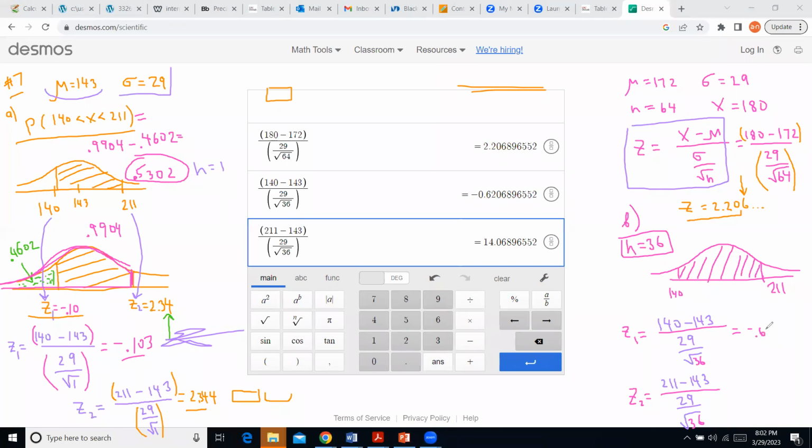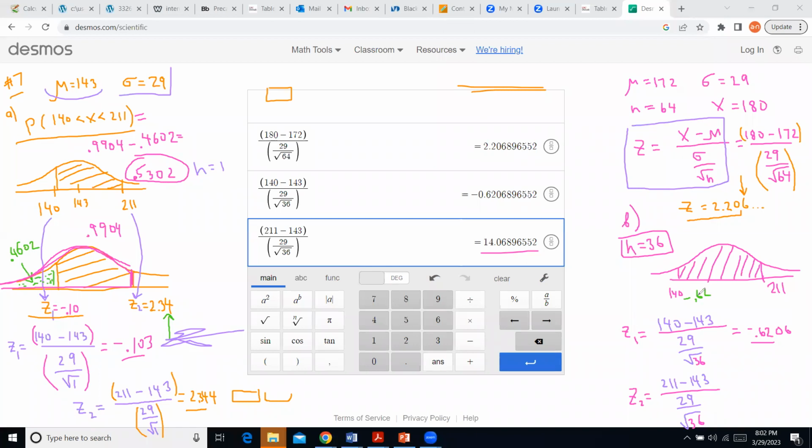So the first is 620, actually that's the second one, it should be. No, that's the first one. So 620 and 6, so we actually care only about negative 0.62, right? So the corresponding z will be a negative 0.62.